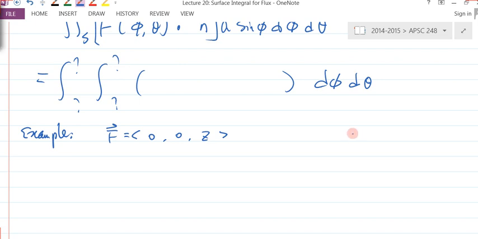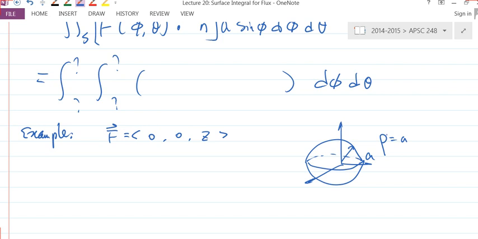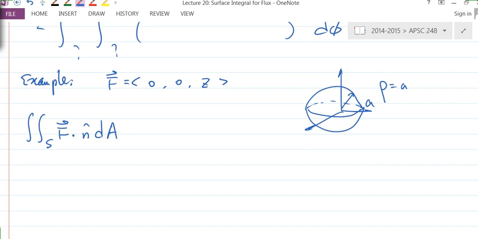And we have a sphere centered around the origin with the radius of A. Then what is the flux across this spherical surface? Okay, so this is a simple question.